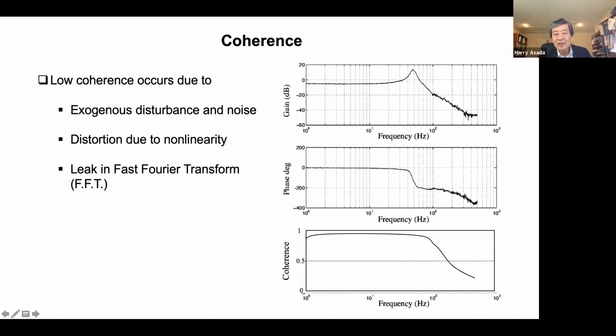So check the coherence. If that's a reasonable value, you can present the identified transfer function with confidence. Otherwise, it gives you some kind of warning, right? So up to this point it's very useful, but beyond that point, you have to use it with care. A cautious approach is needed.